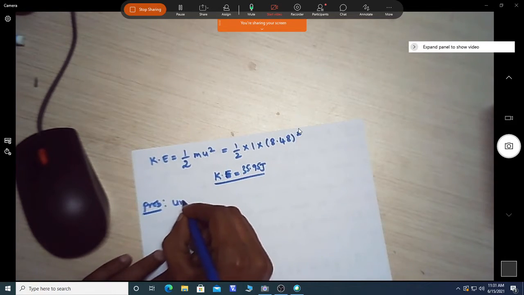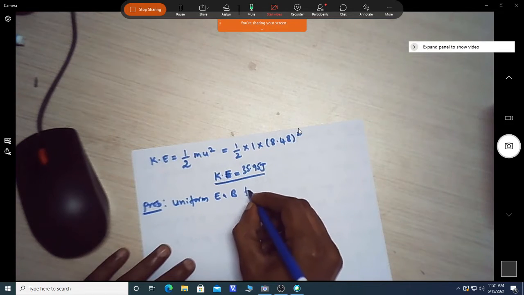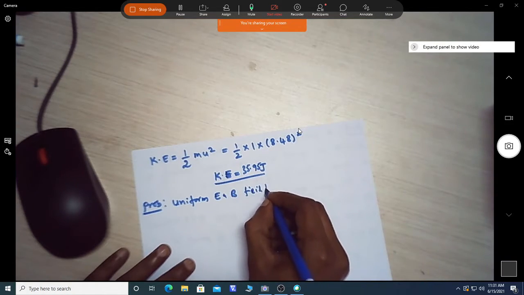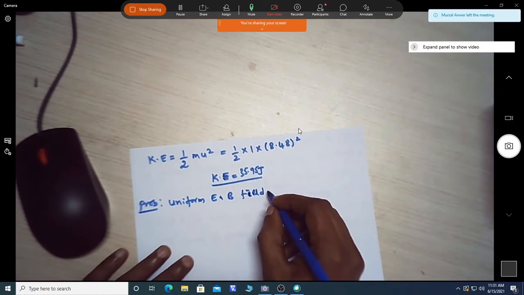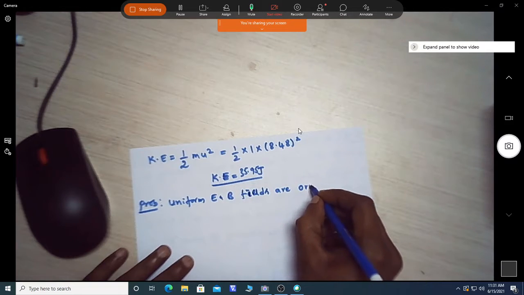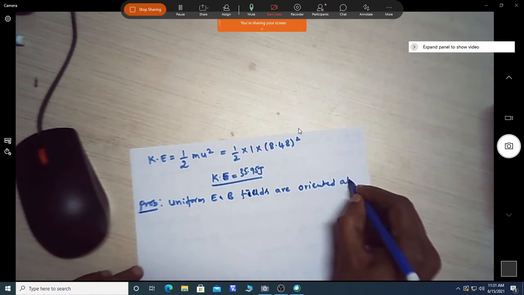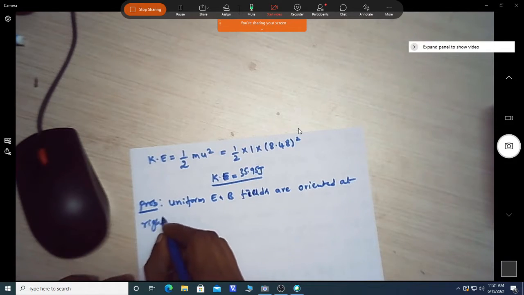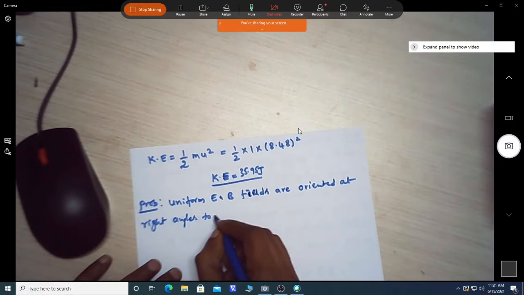Uniform E and B fields are oriented at right angles to each other.